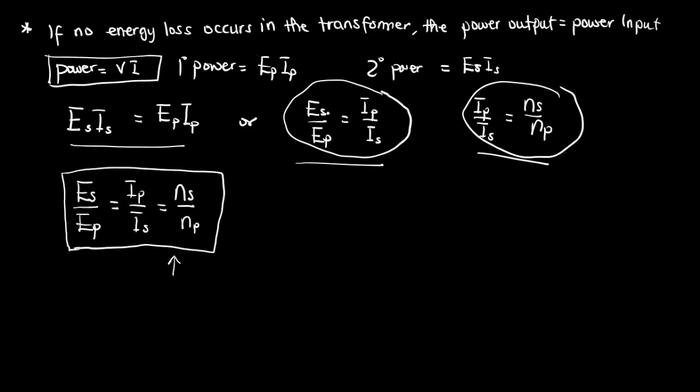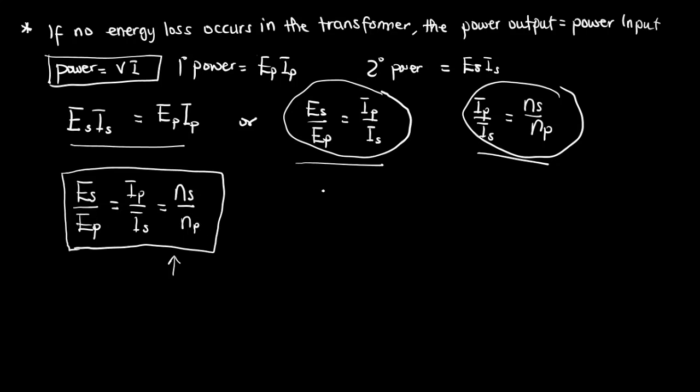Now note that for the EMF and the current, the relationship is inversely proportional. Are you okay? And for the current and the number of turns N, it is also inversely proportional. But if you want to take just the EMF and the number of turns, they are directly proportional. So you can see ES at the top here, NS at the top here, EP at the top here, NP at the top here.